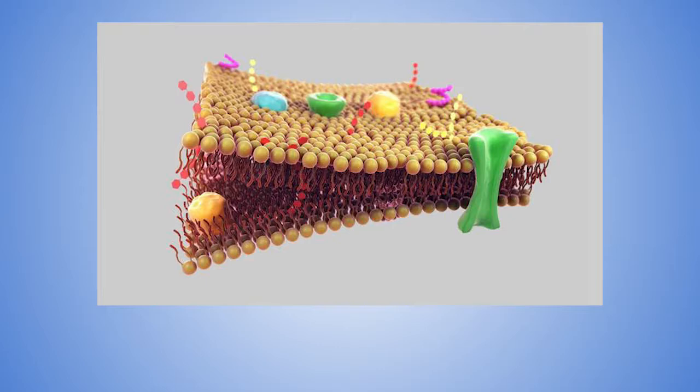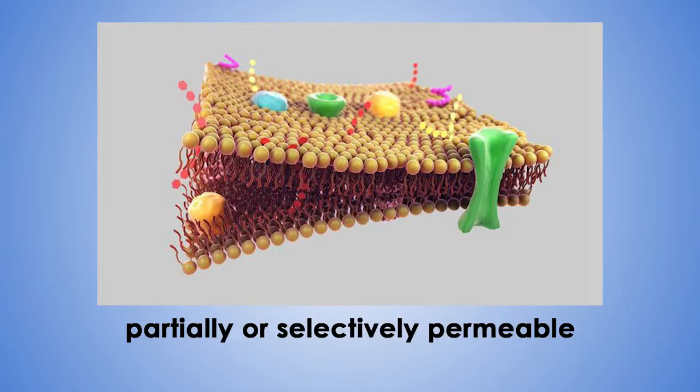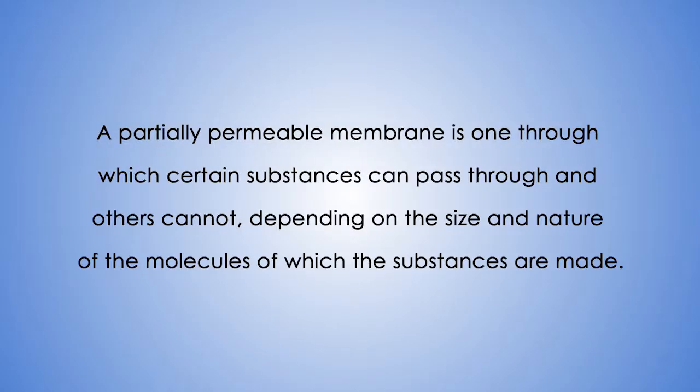For this reason, it is said to be partially or selectively permeable. A partially permeable membrane is one through which certain substances can pass and others cannot, depending on the size and nature of the molecules of which the substances are made.